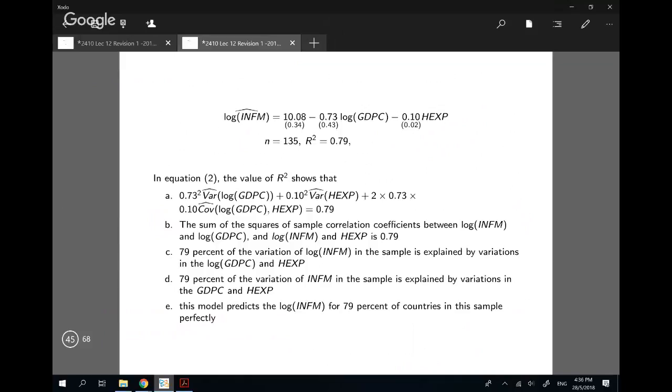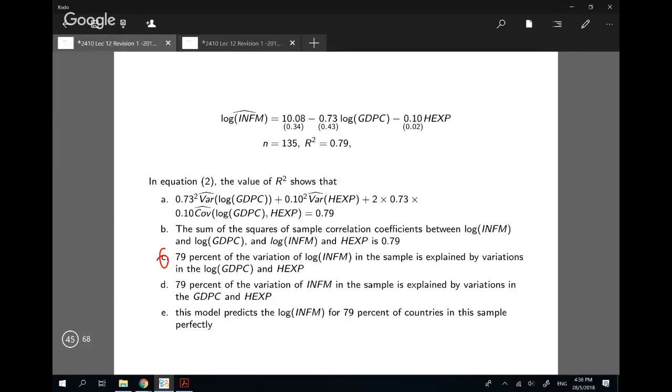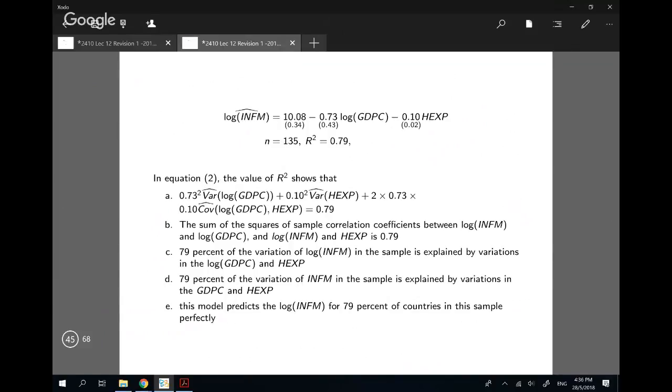Why is it C and not D? This is interesting. It should be correct. It's C because it's log, right? But now I want to relate to when you interpret. In terms of R square, you should use the log if it's a log model. But when you interpret, it's not log, it's percentage.